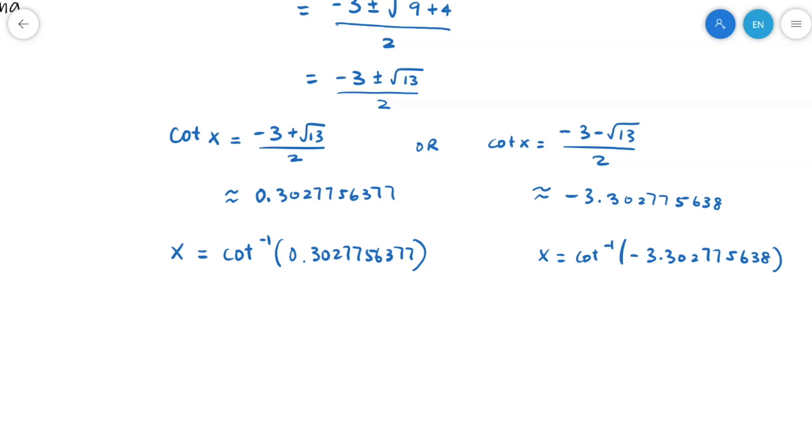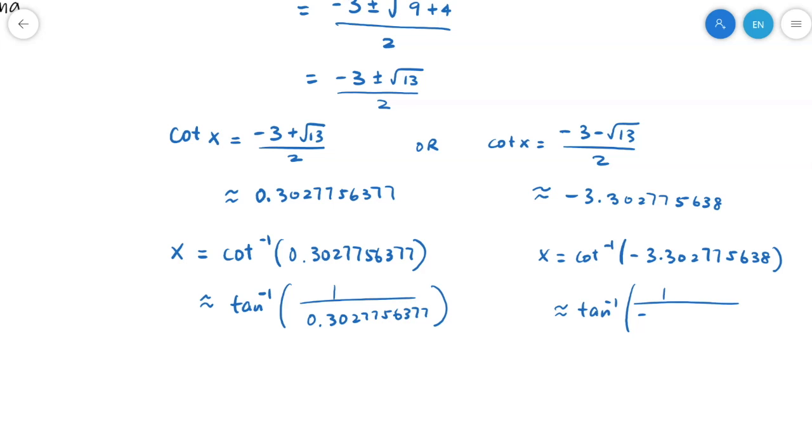However, since we do not have cotangent inverse on the calculator, I have to rewrite it in terms of tangent inverse. So x equals tangent inverse of 1 over 0.3027756377, and tangent inverse of 1 over negative 3.302775638.